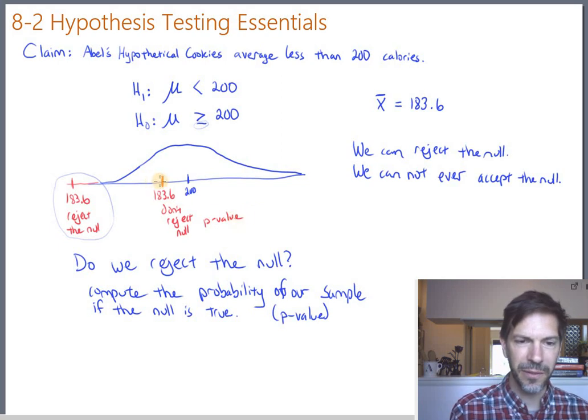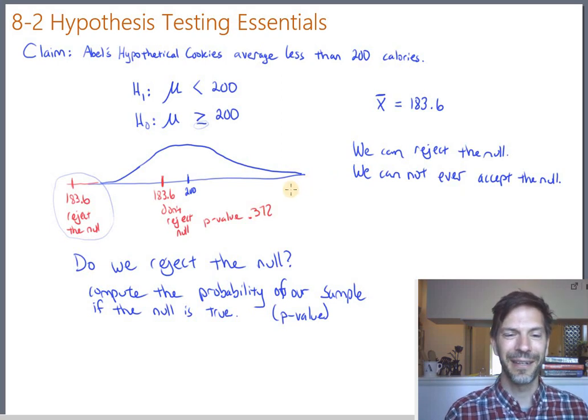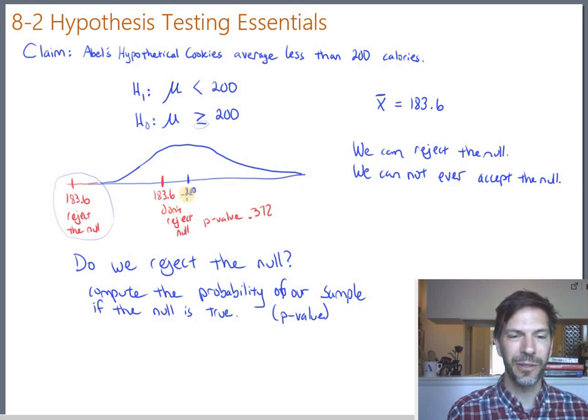It's probably like 30% or 40% of the time we'll get a sample like this. So I'll just make up a number here. Let's say 0.372. I'm going to say, okay, that's not unusual, and it's not less than 5%. Certainly it is not unusual, if the mean is 200, to see a 183.6.